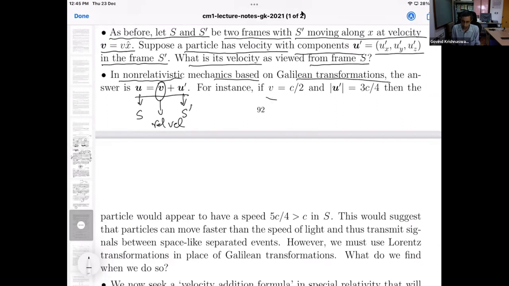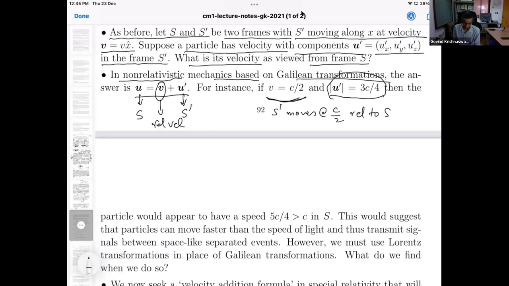So suppose V, the velocity between the frames, is c upon 2. So S prime moves at c by 2 relative to S. And let us suppose that the particle that is being observed from S prime moves at 3c upon 4.